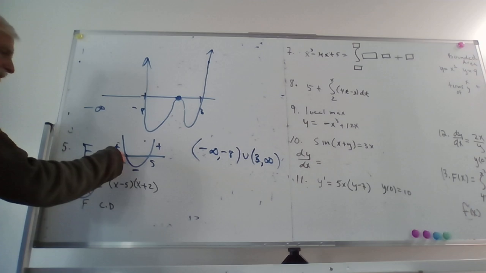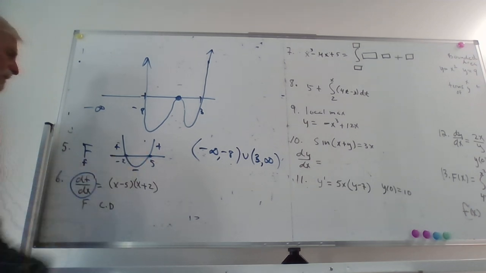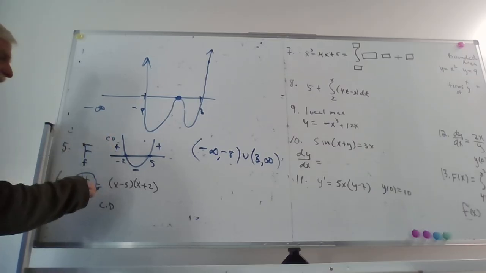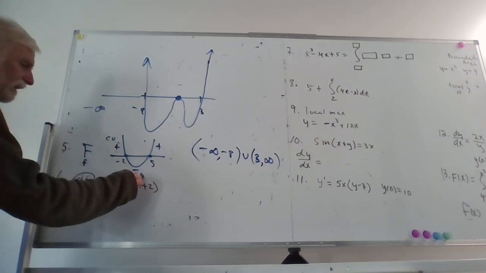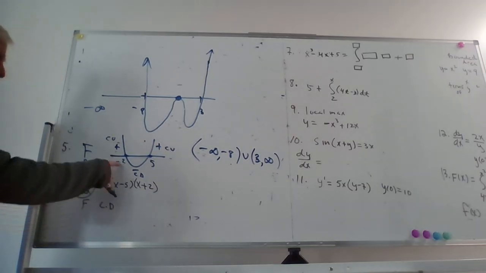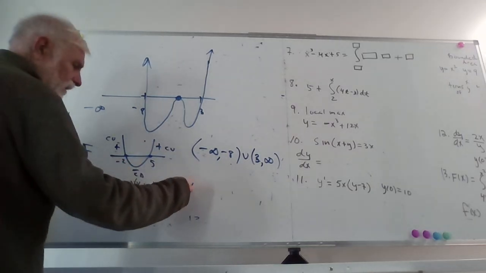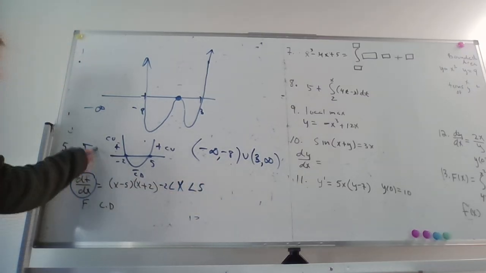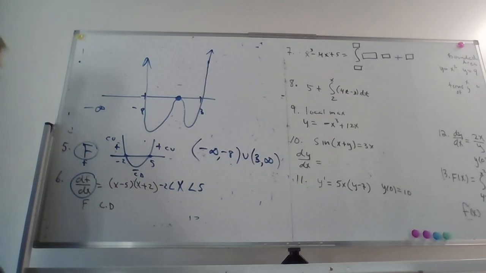Looks like I have points of inflection. Big F has points of inflection at -2 and 5. Because when the second derivative is positive, I'm on a concave up interval, then a concave down interval, and then a concave up again. And I want a concave down. So for x values less than 5 but bigger than -2, big F is concave down.